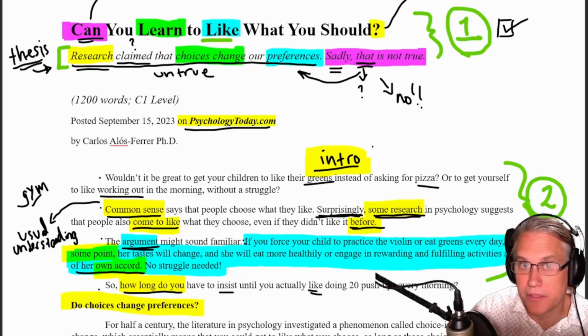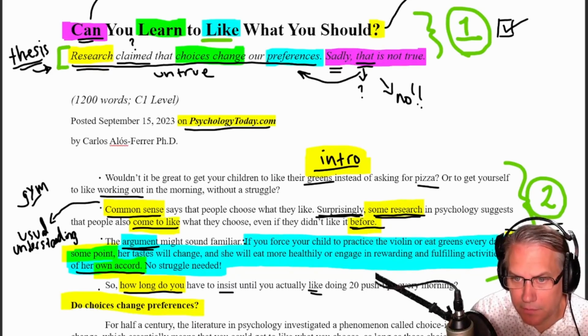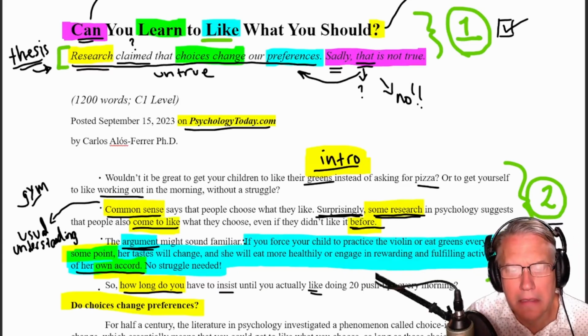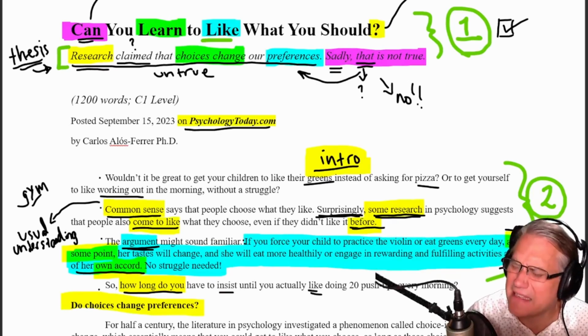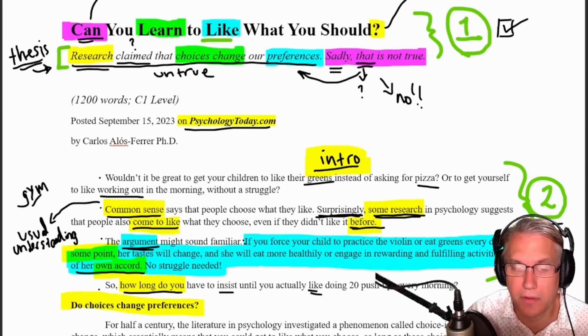That's my understanding. So everything I have here in blue is the idea that will be disagreed with. It's kind of like an antithesis, the idea that will ultimately be disagreed with.